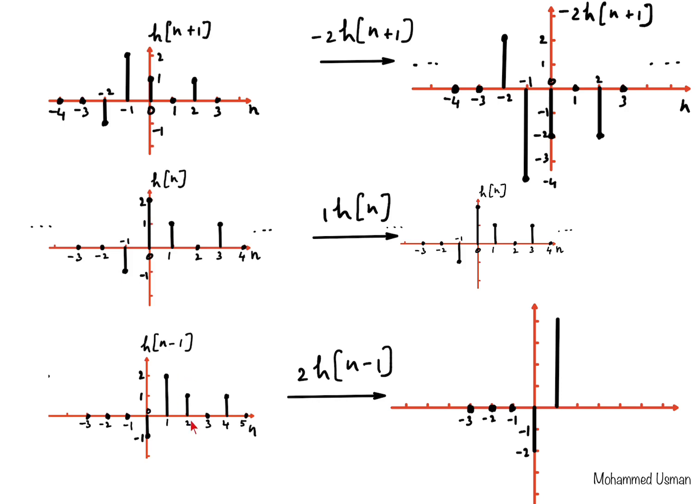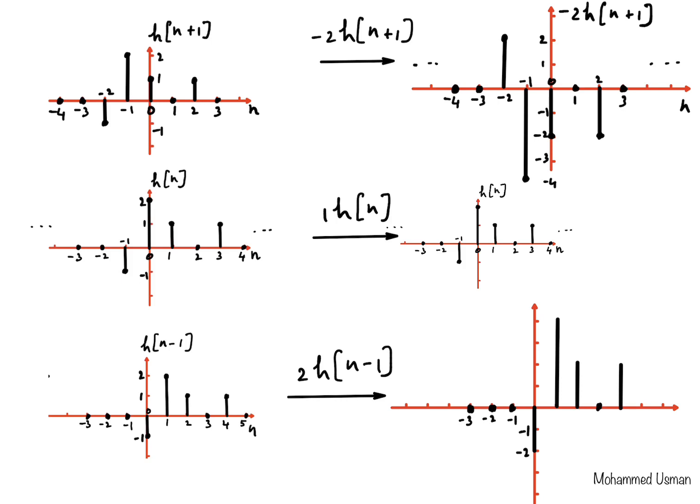And for n equal to 2, the original value is 1. 1 times 2 will become 2, so we'll have a height of 2 here. For n equal to 3, it is 0, so 0 into 2 is 0. For n equal to 4, the value in h of n minus 1 is 1, so 1 into 2 will become 2, so we'll have 2 for this as well.